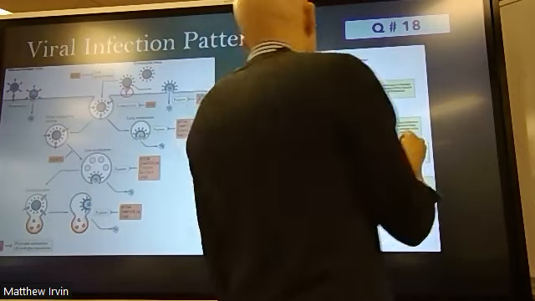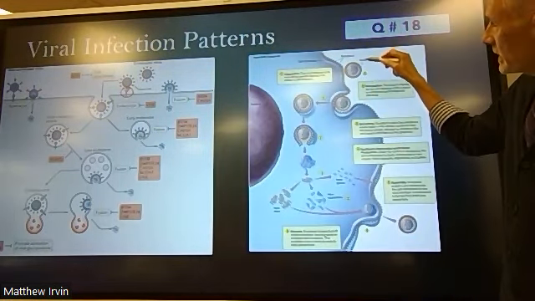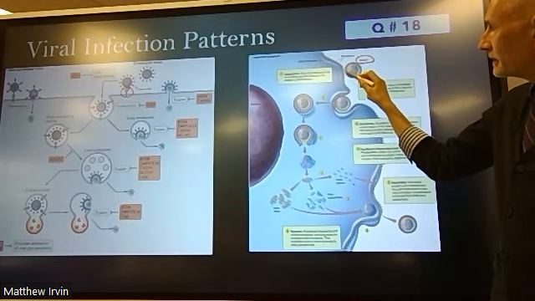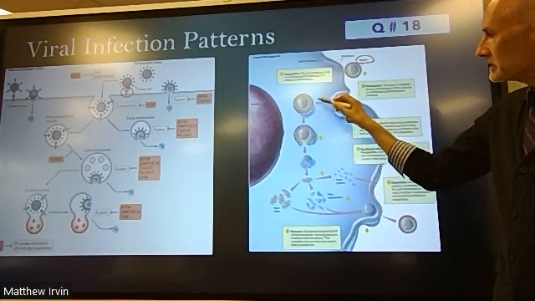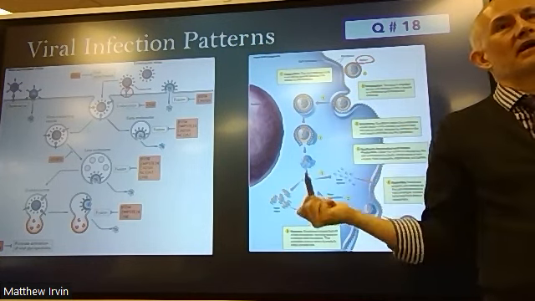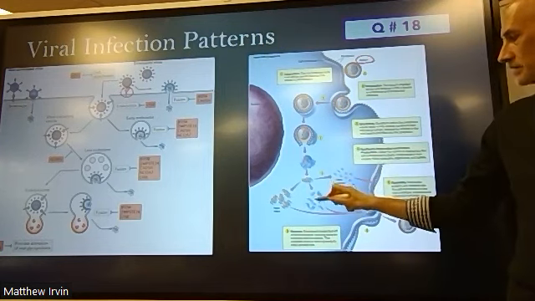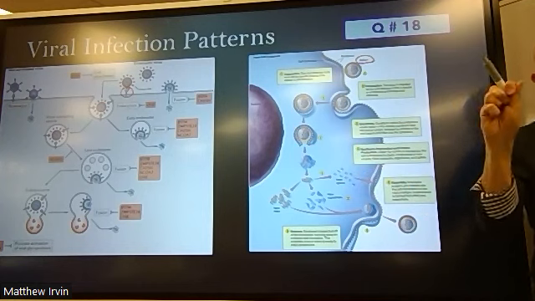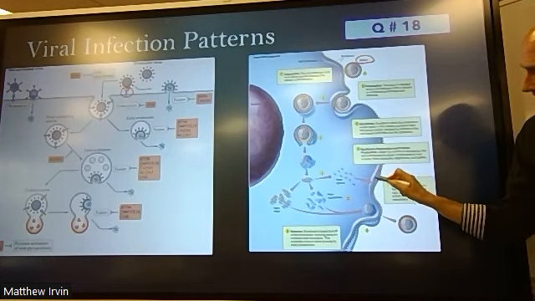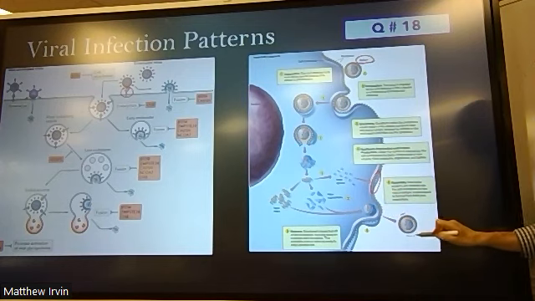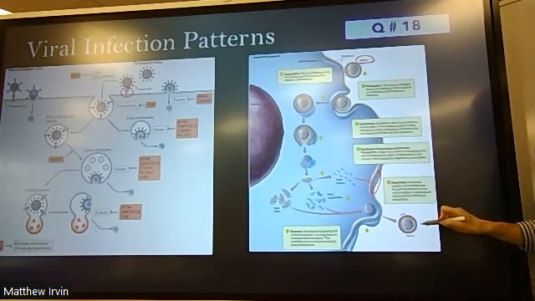Looking at this pattern, what we see are little spike proteins, which we heard so much about with COVID. They bind to the surface cell, that brings the virus in, then your DNA or RNA, depending on what kind of virus it is, makes all the parts. And then this is also important, these new spikes get on the surface of the cell. So as the virus exits, those spike proteins are on the surface of that.